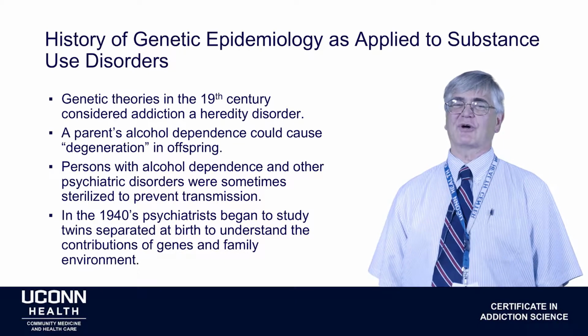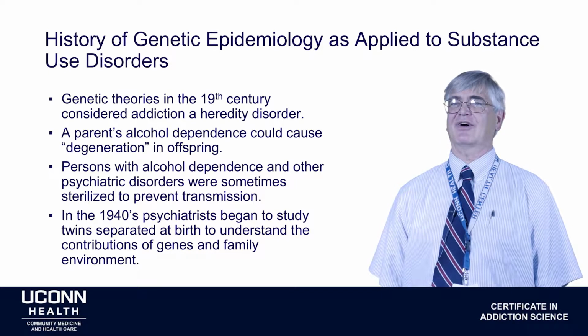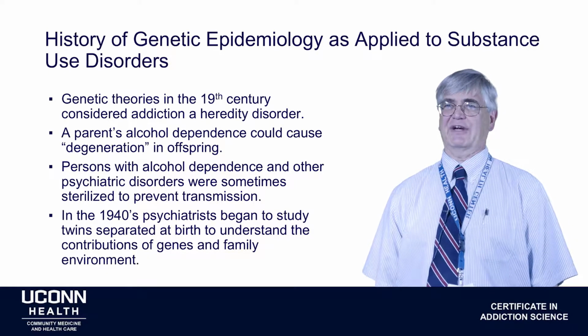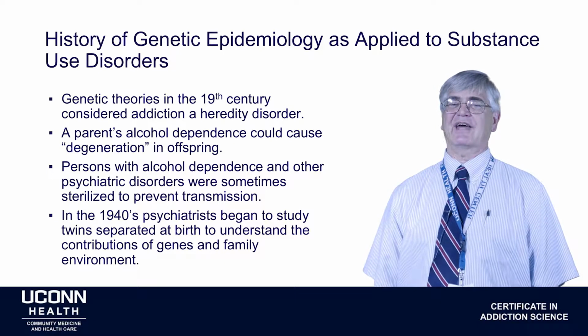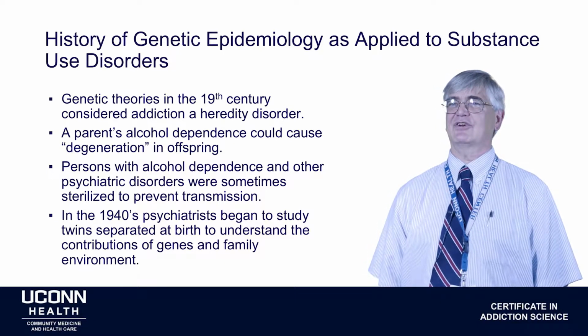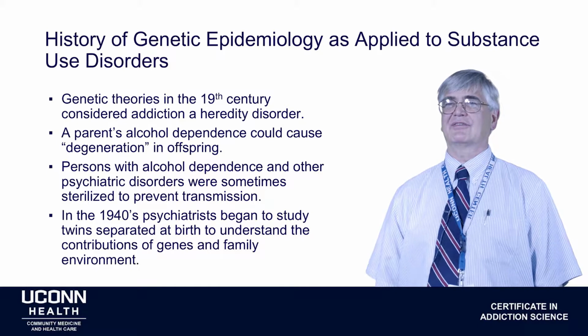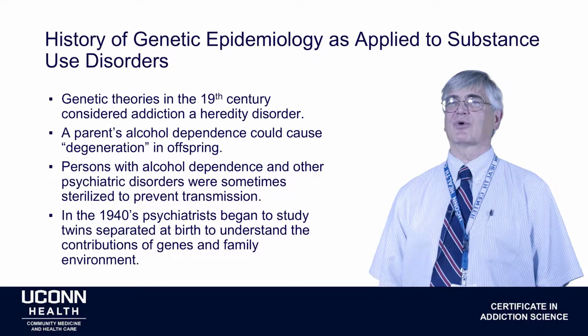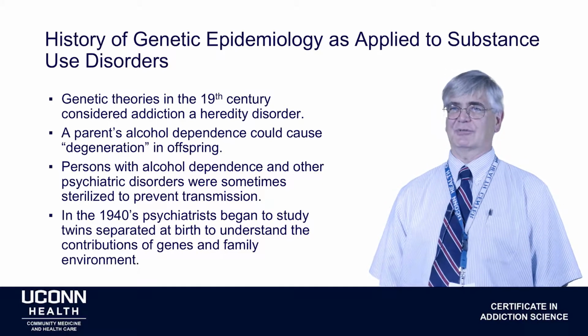It's been known for some time that alcoholism and alcohol dependence, for example, do run in families. That is, if the parent has the condition of alcohol dependence, there is a very increased likelihood that one or more of the offspring will also develop the disorder.